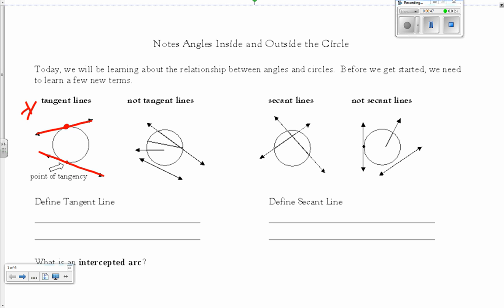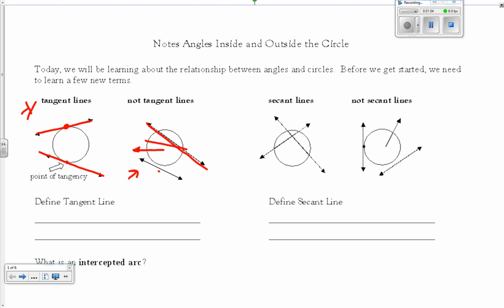All right, these over here are not tangent because if you notice, this one's not because it doesn't cross the circle at all. This one isn't because it's not a line, it's a line segment because there's only one arrow. This one touches the circle twice, and so does this one. It passes through twice.